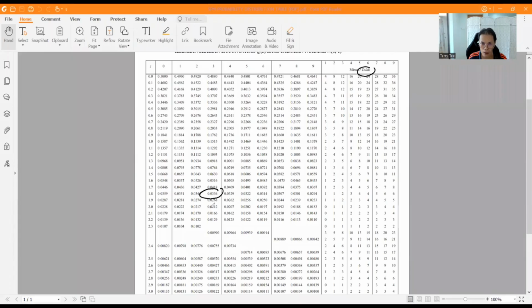0.0303. Okay, sorry, this is not the smallest. 0.0303, I need to go further here. I need to subtract 4. So I go across, there's a 4 here, right? When you subtract 4, you should get, actually there are 2.